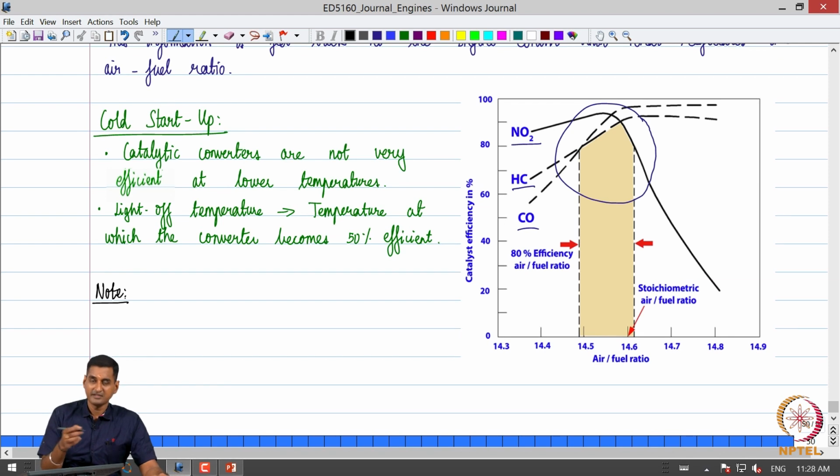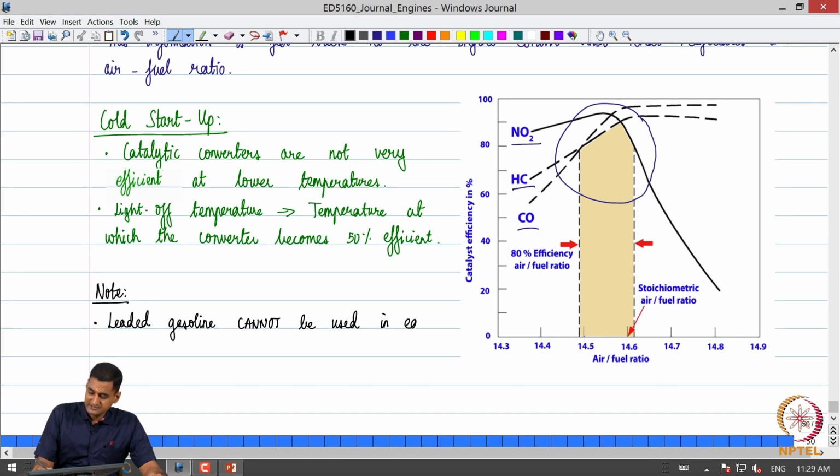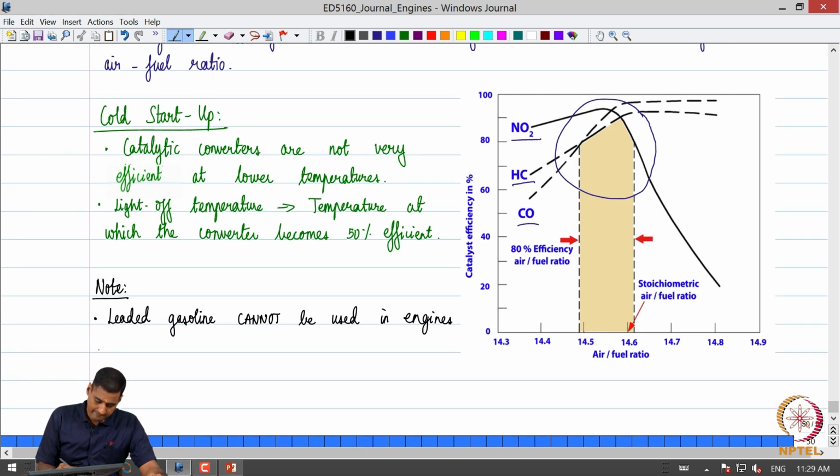Suppose the entire engine system has a catalytic converter, it is very critical to ensure that we use unleaded gasoline. An important point to note is that leaded gasoline cannot be used in engines equipped with a catalytic converter. Of course, we are anyway using unleaded gasoline, but this is a point to remember.